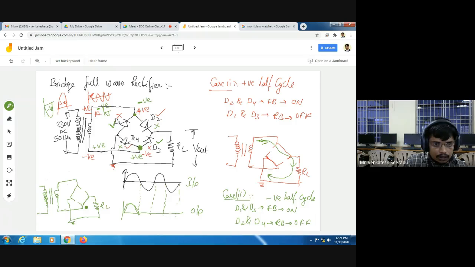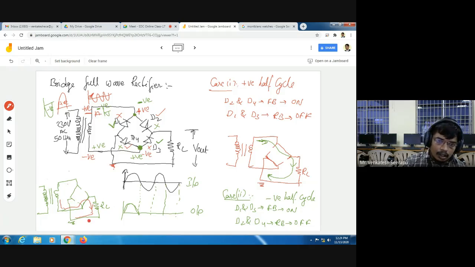Now see here. Whenever a negative half cycle is applied, these two diodes are in on condition. Now current flows to the resistor in this direction. Again it will come like this, current direction.